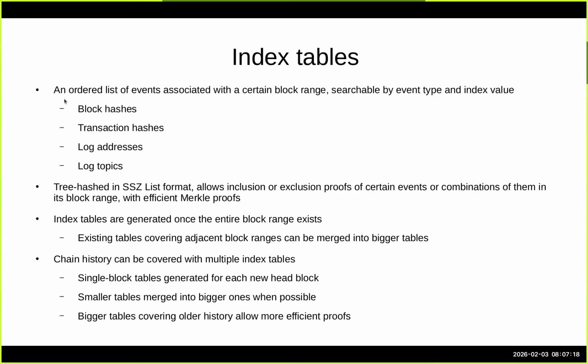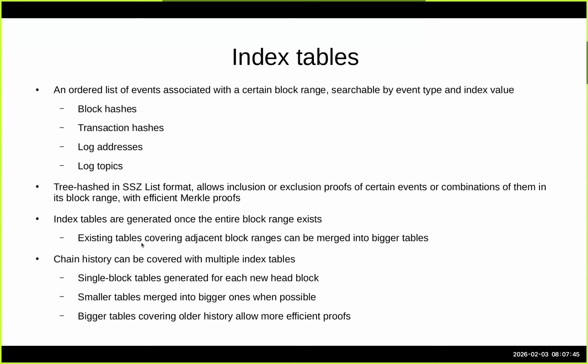These are an ordered list of events, and one event can be a block hash, a transaction hash, a log address, or a log topic, and this is all tree hashed. I will also show how that can be used for searching and proving.